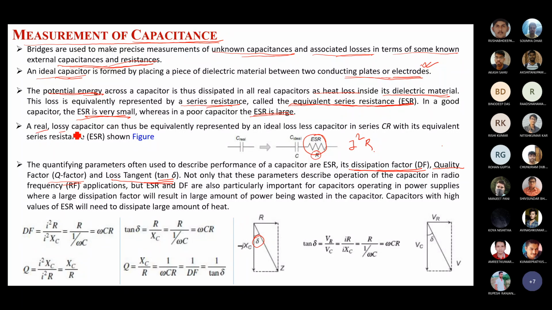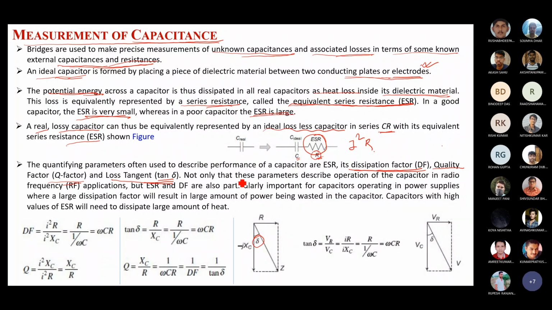The real lossy capacitor can thus be represented as an ideal lossless capacitor in series with the equivalent series resistance R, shown in the figure. That R is the impurity associated with a normal capacitor. In this picture we can understand clearly.